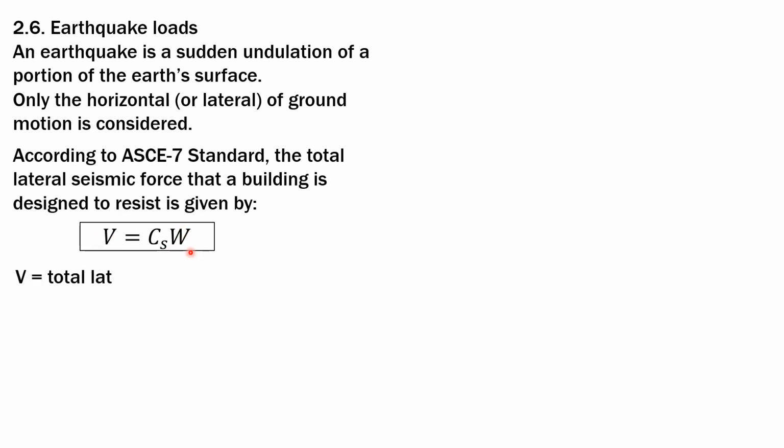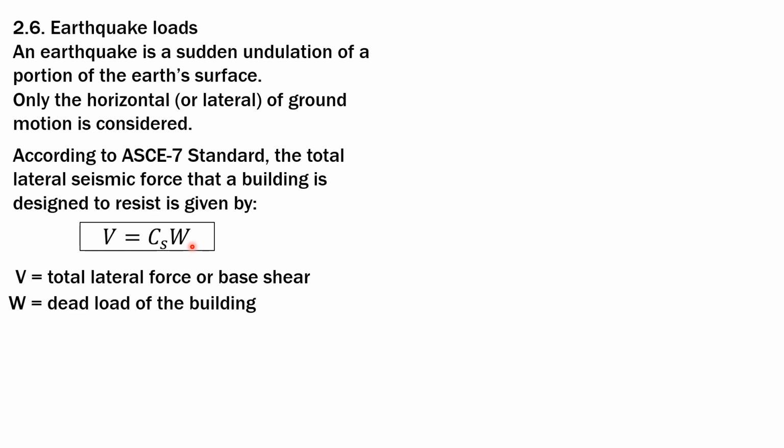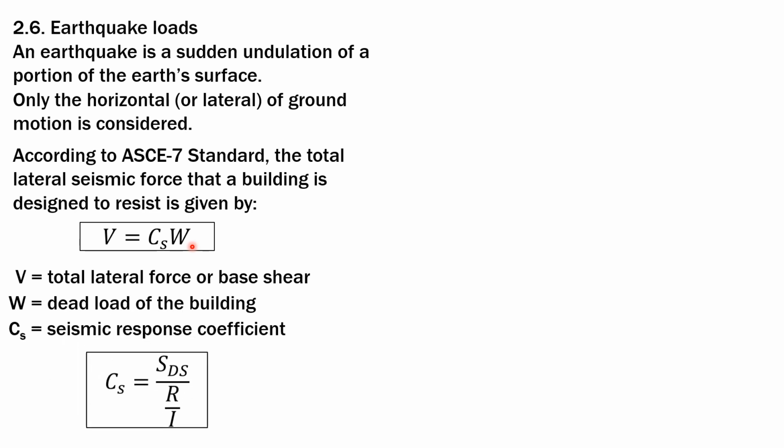According to the American Society of Civil Engineers, ASCE 7 standard, the total lateral seismic force that a building is designed to resist is given by this formula, for base shear, Cs times the weight of the portion of the structure. So V is the total lateral force or base shear, W is the dead load of the building, Cs is the seismic response coefficient, and so on and so forth.